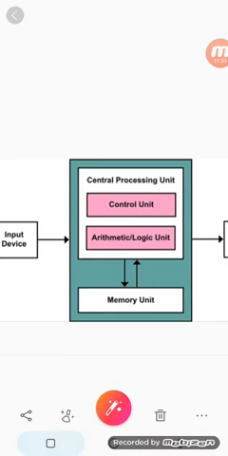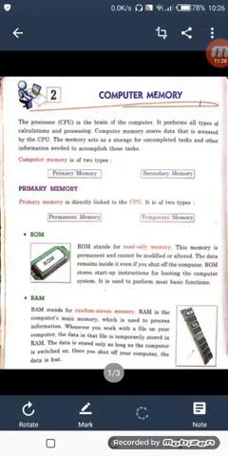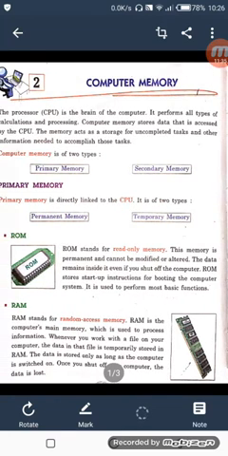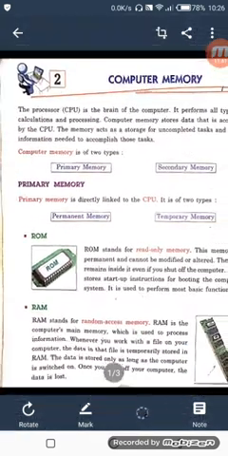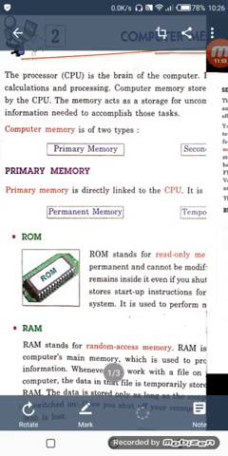In your chapter it is given that the CPU is the brain of the computer, and here we are going to study two types of computer memory. The first one is primary, another is secondary. Today we will study only primary memory.